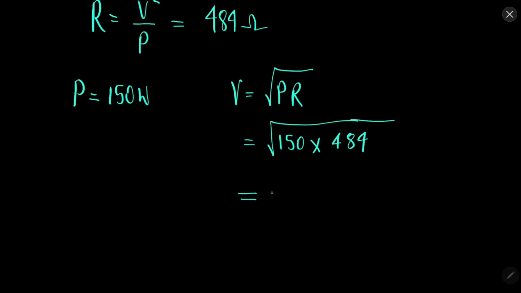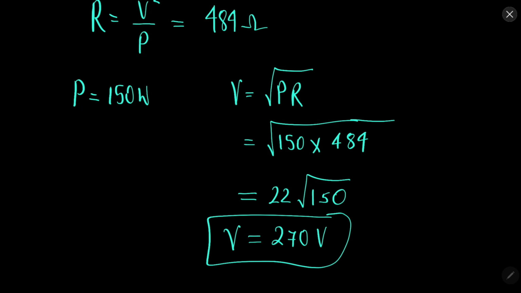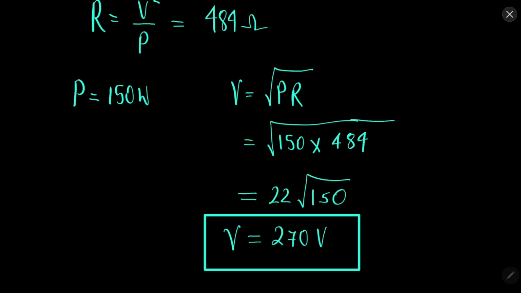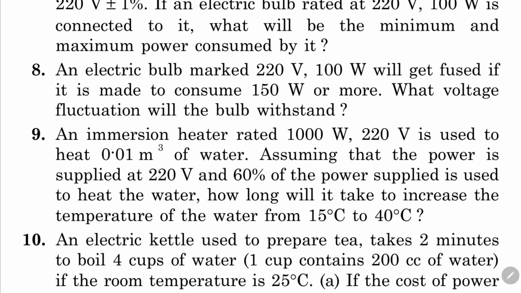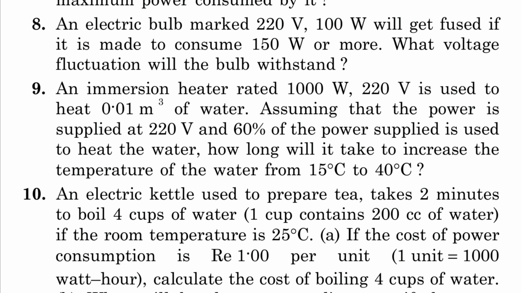So this will come out to be 22 root 150, or approximately 269.4 or approximately 270 volt. So if power is 150 watt, voltage will be this much. So this much voltage the bulb will withstand.